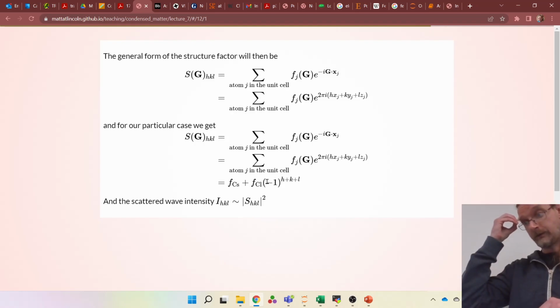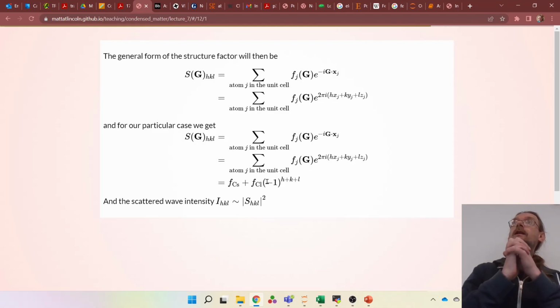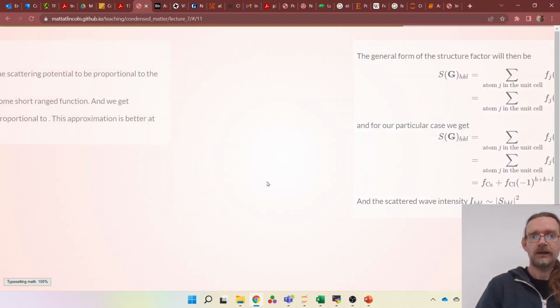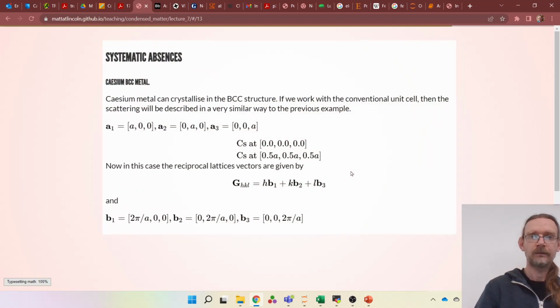So we should have that the first reflection is 1, where h squared plus k squared plus l squared is 1. And the second line is h squared plus k squared plus l squared is 2. So the ratios would be 2, 3, 4, 5, and 6.